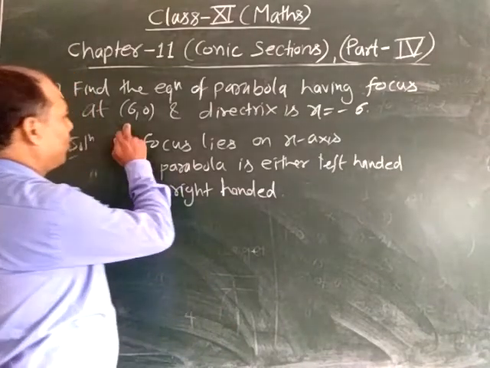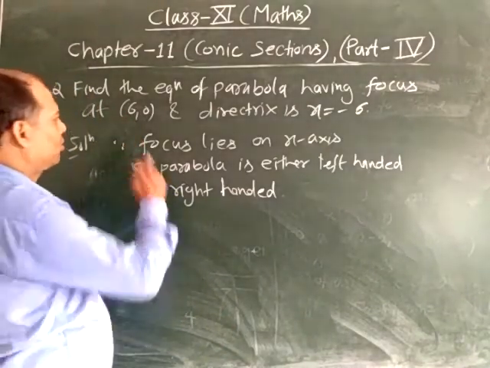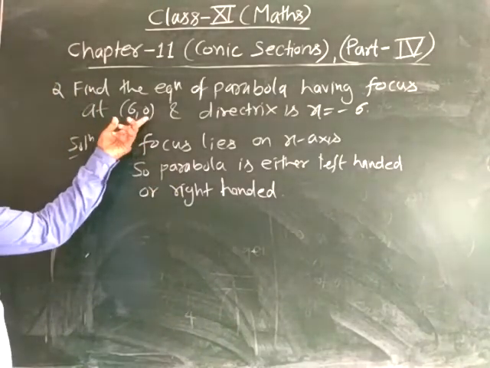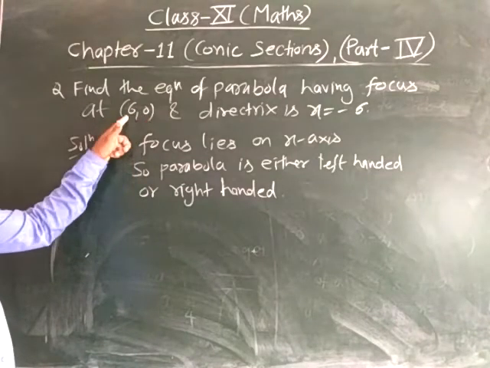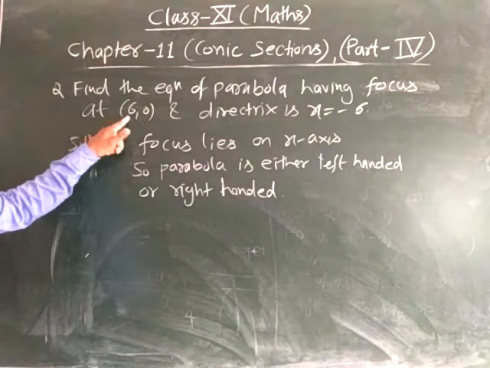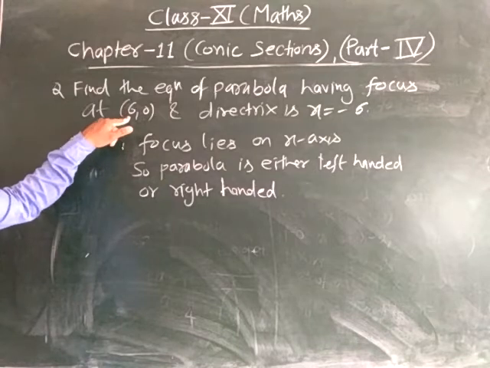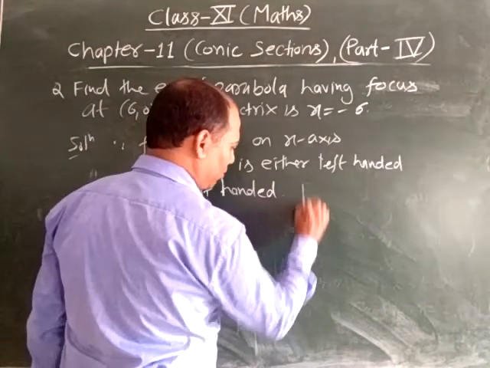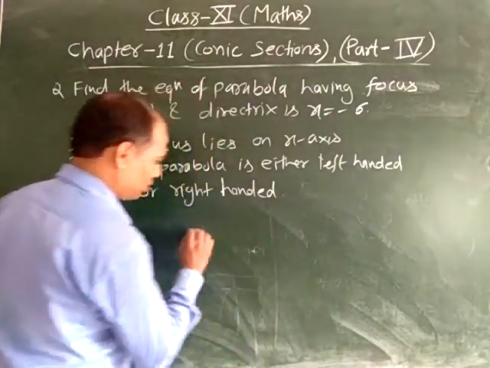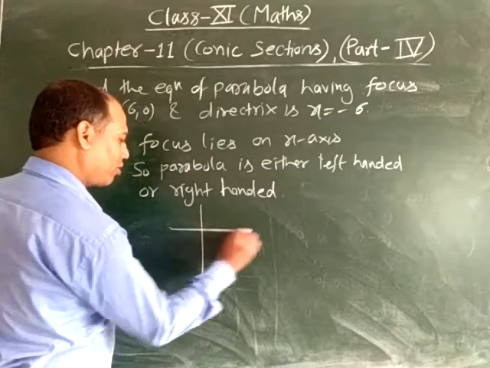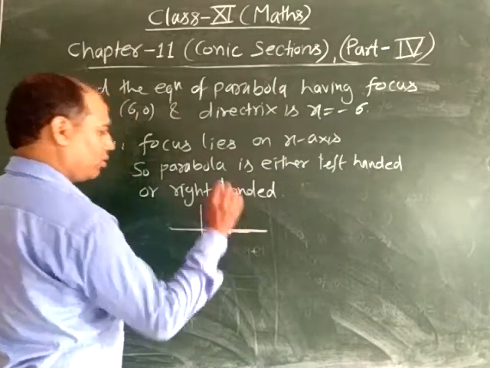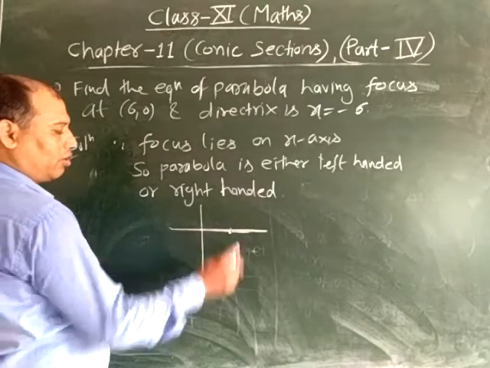Now, if we observe the coordinates of the focus, which are 6, 0, the x coordinate is positive. That means the focus is lying to the right of the origin.